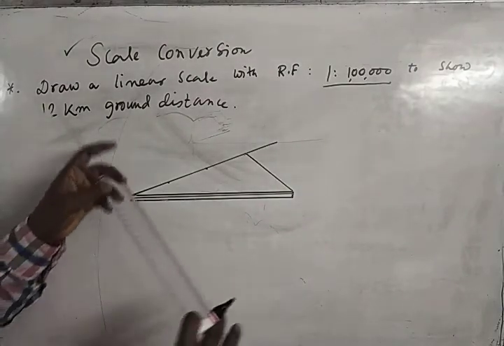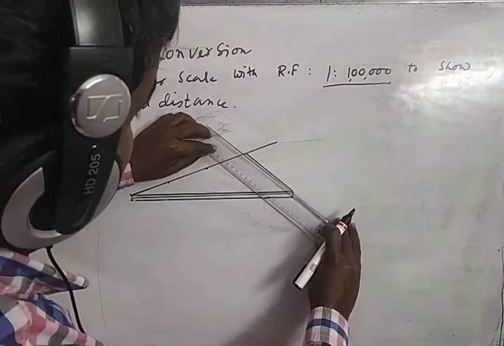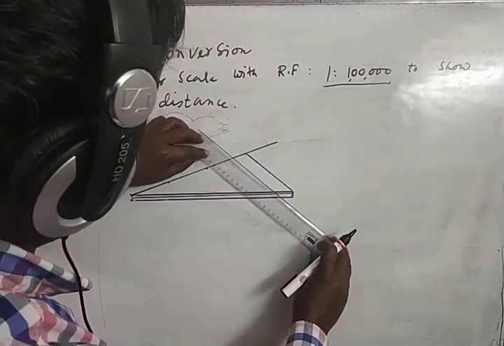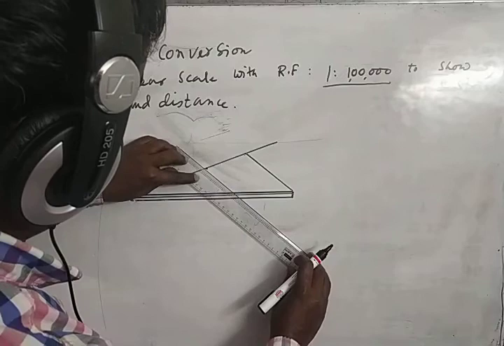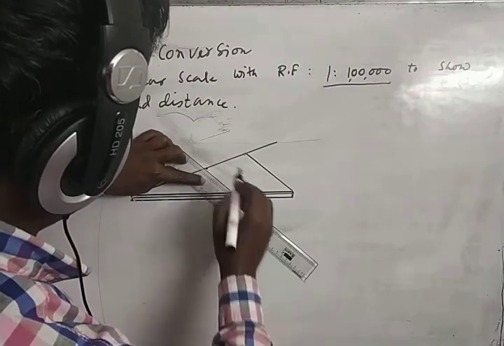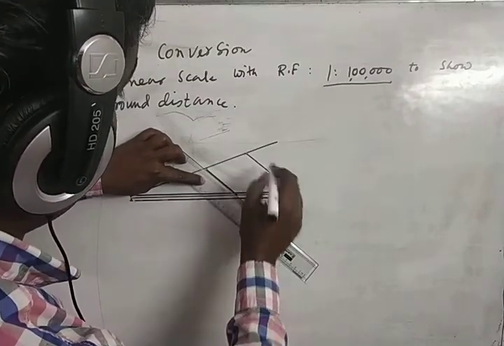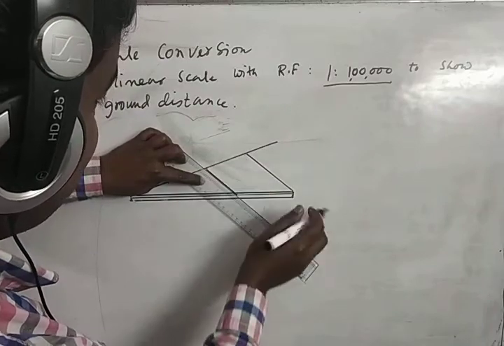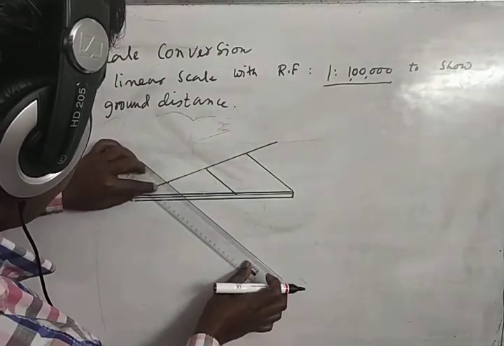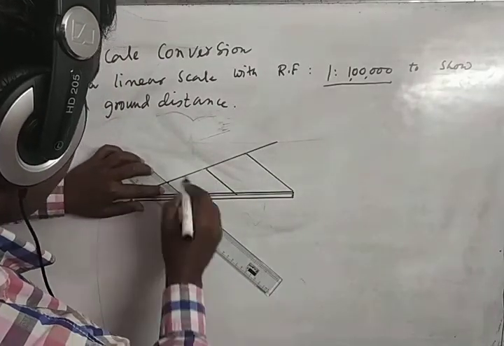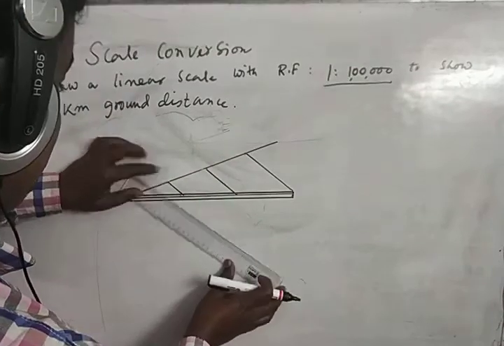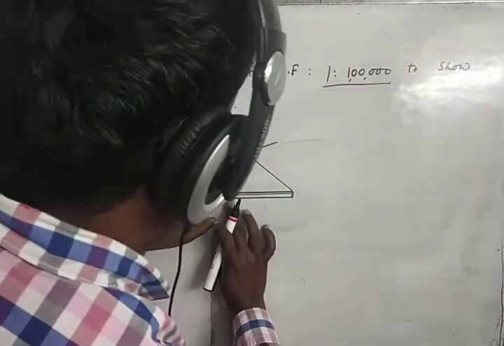I have no set square, so I am drawing arbitrarily like that. But you will do this by set square. Okay? Parallel line, parallel of that line, parallel of that line. Now add these on.